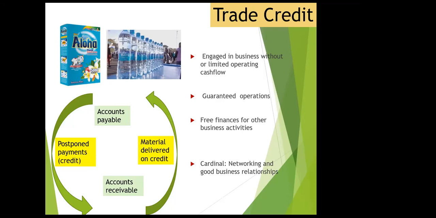You can go into this kind of arrangement, trade credit, where you can get some money that would have rightfully been allocated to buy your inputs and utilize that money for that upcoming event or project.